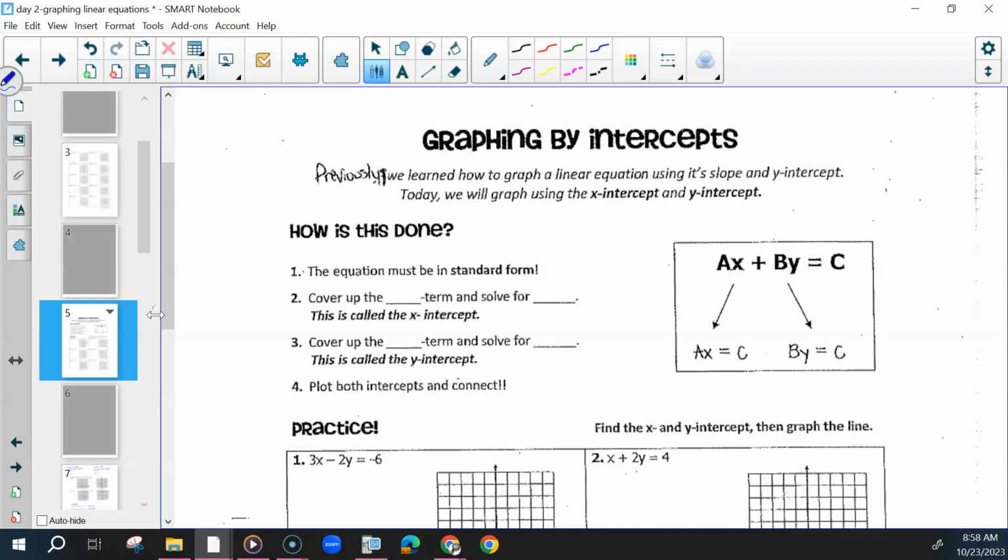So this is very similar to what we were doing when we were solving for our intercepts in standard form. Except here we're not going to show all the work we did when we were solving for the intercepts, but we're going to show some of it.